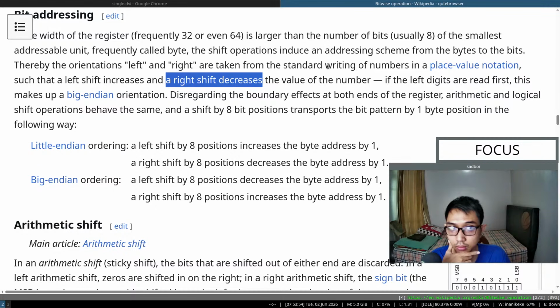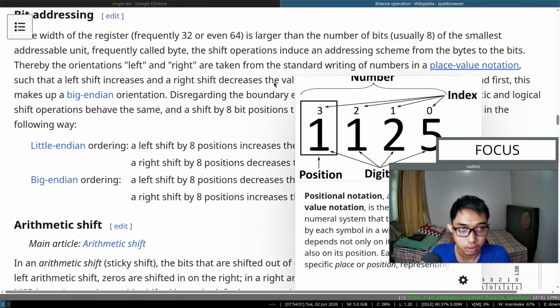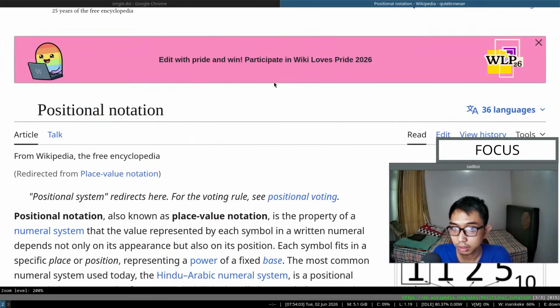Standard writing of numbers. Let me try opening this case.